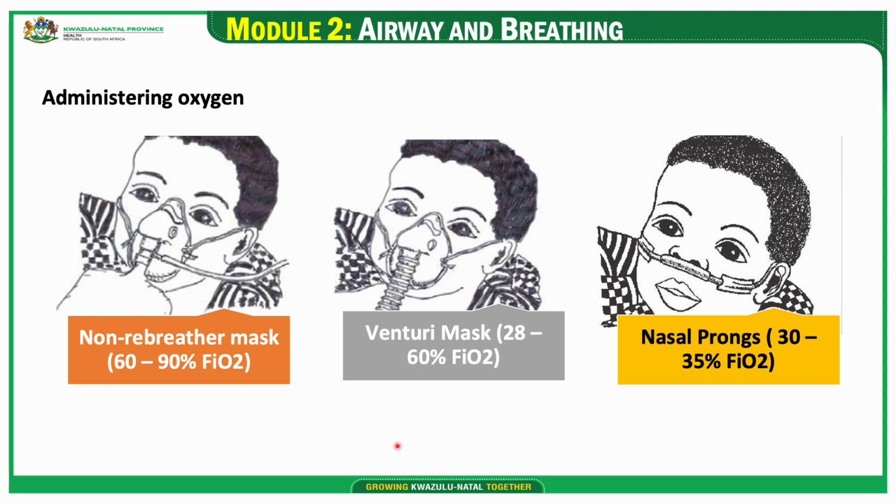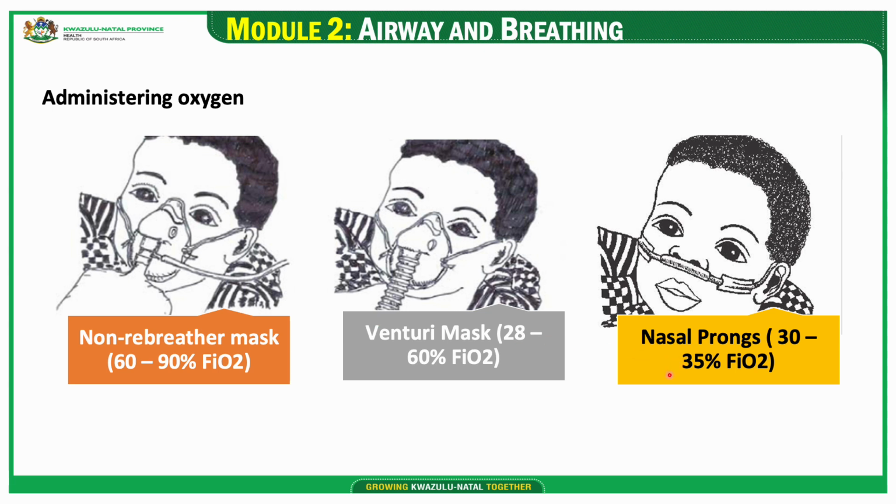The important thing to remember about Venturi masks is that they can give an FiO2 between 28 and 60%, and it depends on the color mask that you use. It's not important to remember which color gives you how much FiO2, because if you look at the bottom of the corrugated tubing, it will tell you what flow rate you need to use for that mask and how much FiO2 it may be able to deliver.